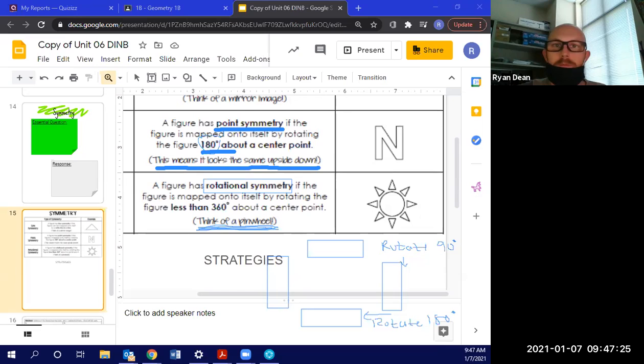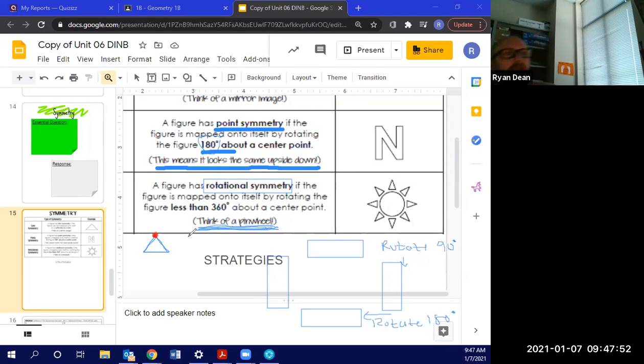All right, so I'll do this with a triangle. Let me see if I've got a triangle here. I don't have a triangle. Okay, so if I have this as my triangle, this point up here at the top, I'm going to put it in red. This is the point that I'm focusing on.